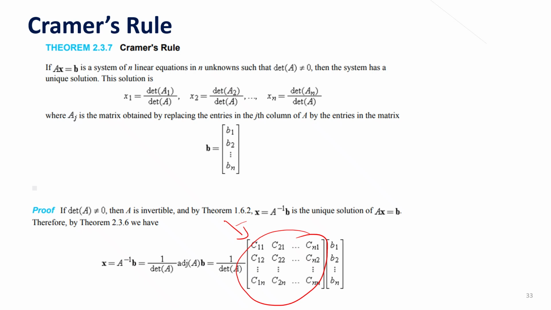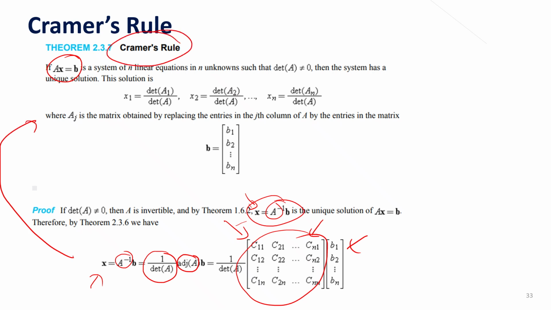If you have this linear system represented in matrix form, augmented matrix form, then to find x, it equals A inverse multiplied by B, and A inverse is 1 divided by the determinant of A multiplied by the adjoint of A. The adjoint of A is the cofactor matrix transposed that you have from earlier, and then multiplied by B, you will get all of the x values. This is later known as Cramer's rule.